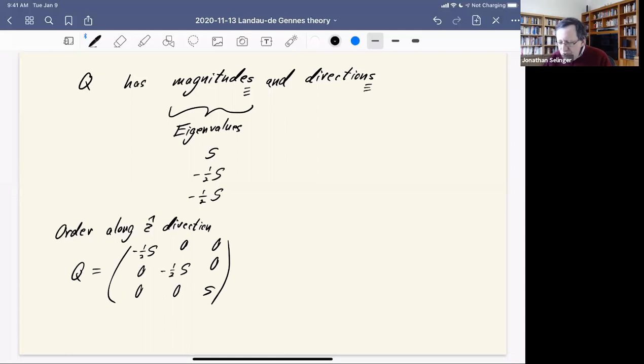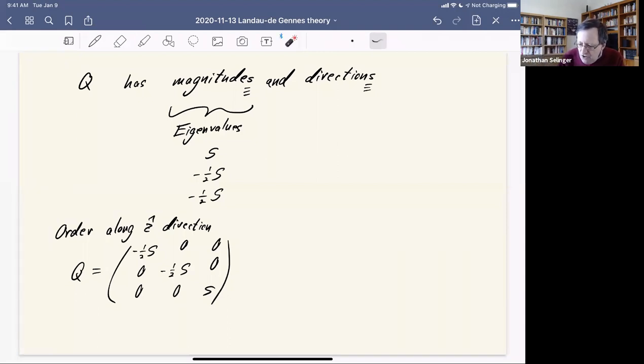And so this is a tensor which is diagonal. The idea of eigenvalues is that you want to put a tensor into diagonal form in some coordinate system, and then the eigenvalues are the elements along the diagonal.